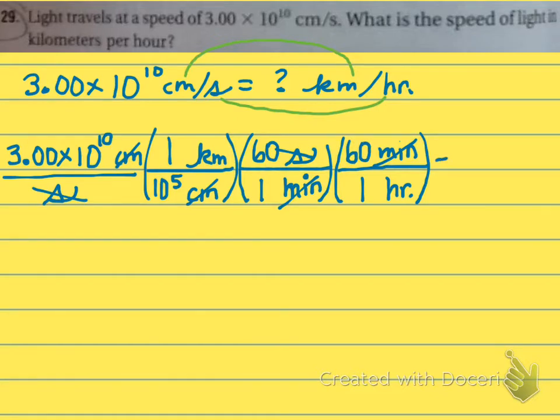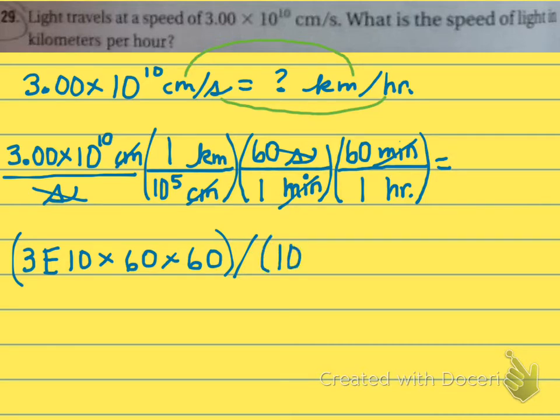And so again, on my calculator, I'm going to do 3E10 times 60 times 60. Can put that in parentheses and divide that by 10 caret 5.